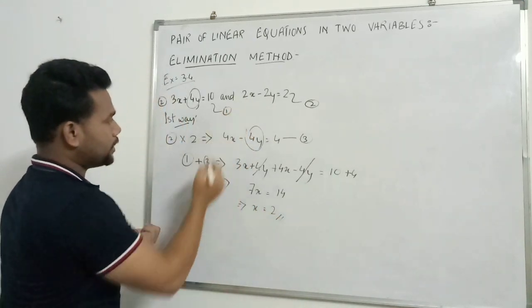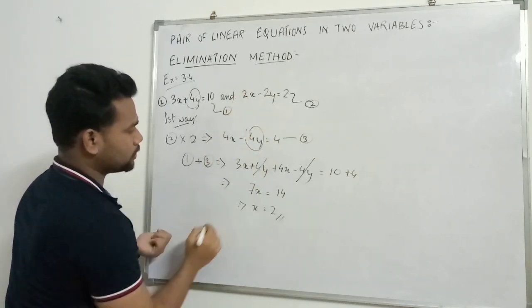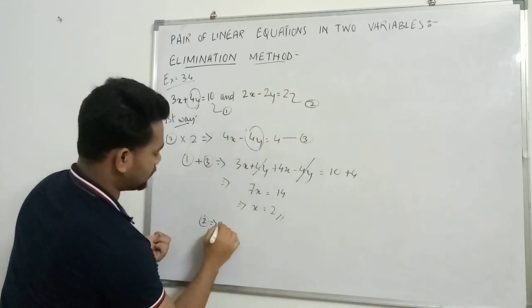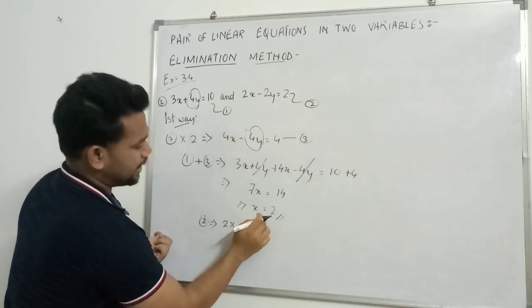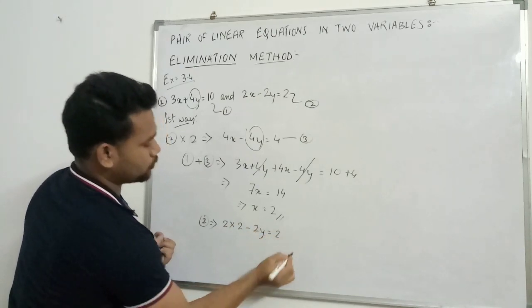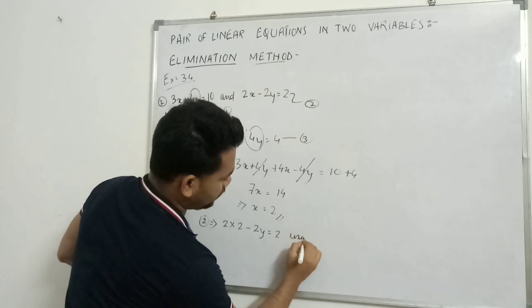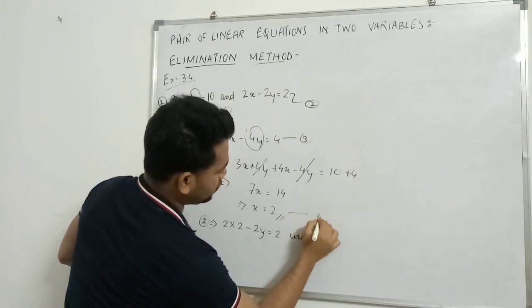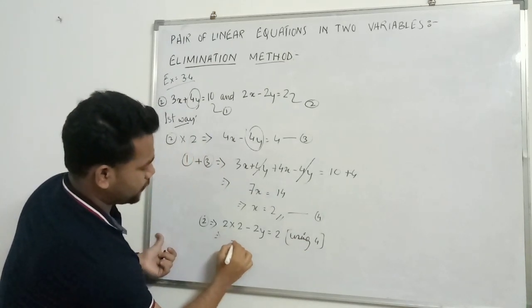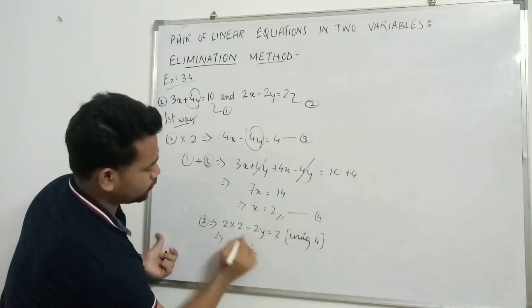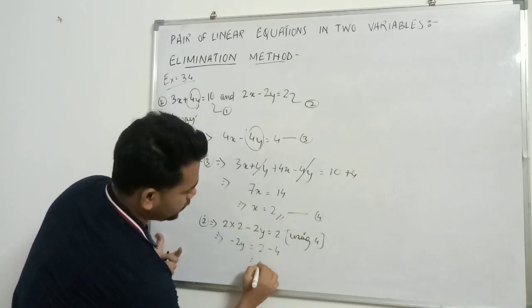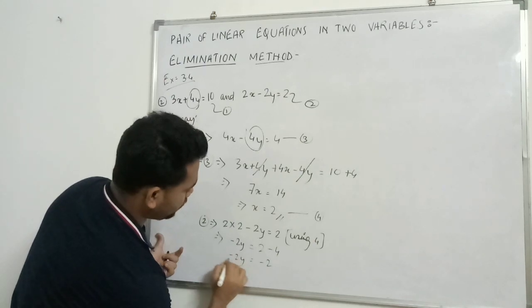So y can be easily found from equation 2. I will choose equation 2 because it is the simplest one. 2 into x is 2, so I will use 2 into 2 minus twice y is equal to 2, and you have to mention the value using equation 4. 2 into 2 is 4, so 4 minus twice y is equal to 2. I bring 4 to the right hand side: 2 minus 4 is minus 2, equal to minus twice y.